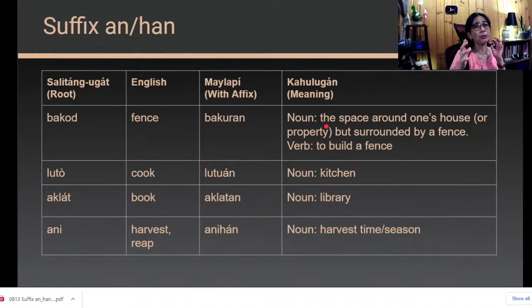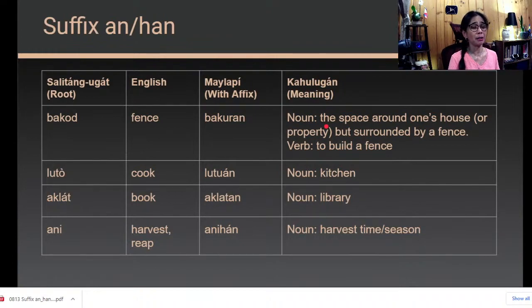It can be with or without fence, but it identifies that that house along with that lot is a property of one person. So bakuran is a property. The open space, not the house, but the open space surrounded by that house. You get that?